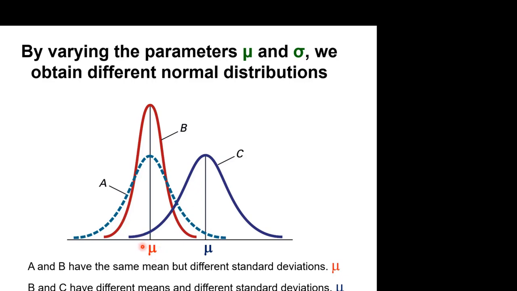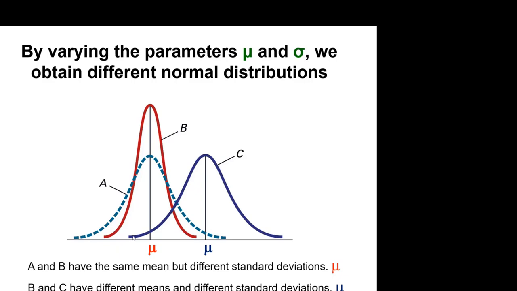This is the mean value of distributions A and B, but they have different values of standard deviation, because if you look at them, they have different spread. A is more scattered, B is more narrow towards the mean. So A and B have the same mean but different standard deviation.